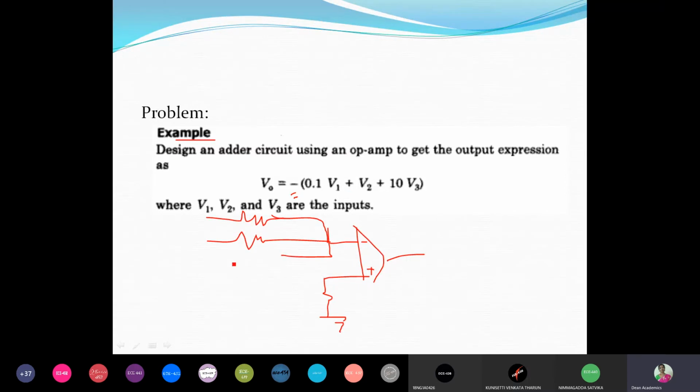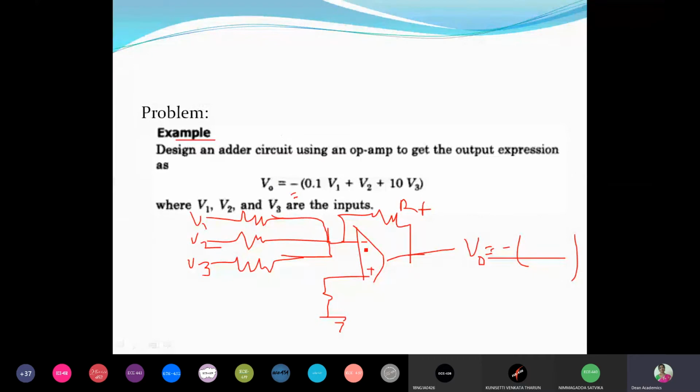So V1, V2, V3, three voltages you give, and you should have some feedback resistance RF. So this is the feedback resistance.